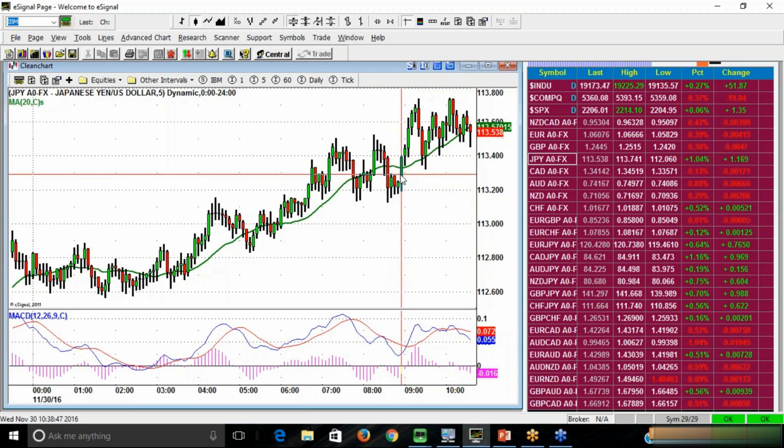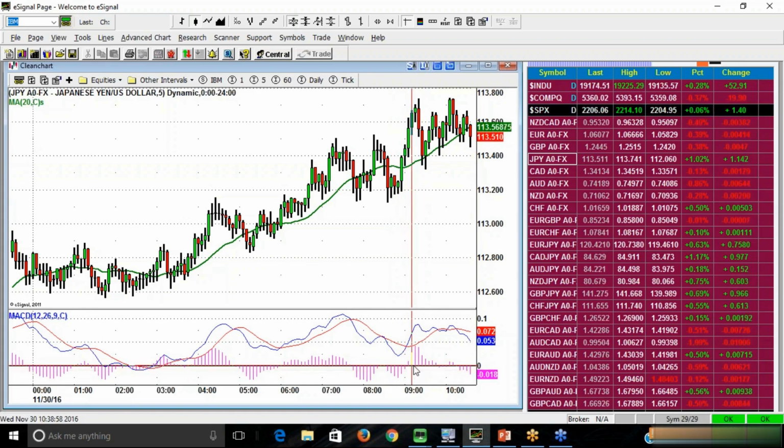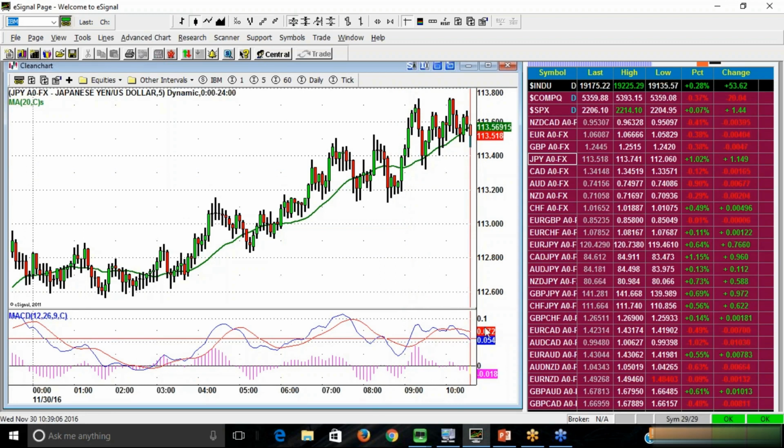You wait for the currency pair to cross above the 20-period SMA, and if at the time the MACD is also turning, then you can potentially take that trade, buying in the direction of the moving average cross.